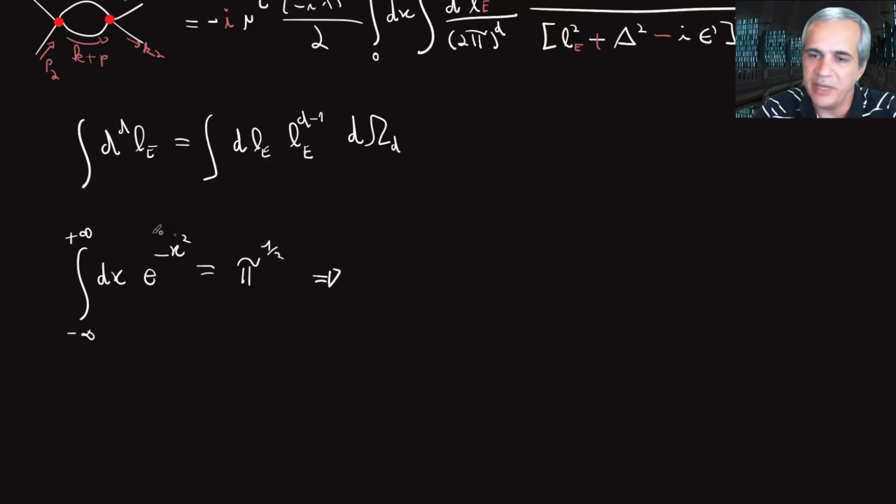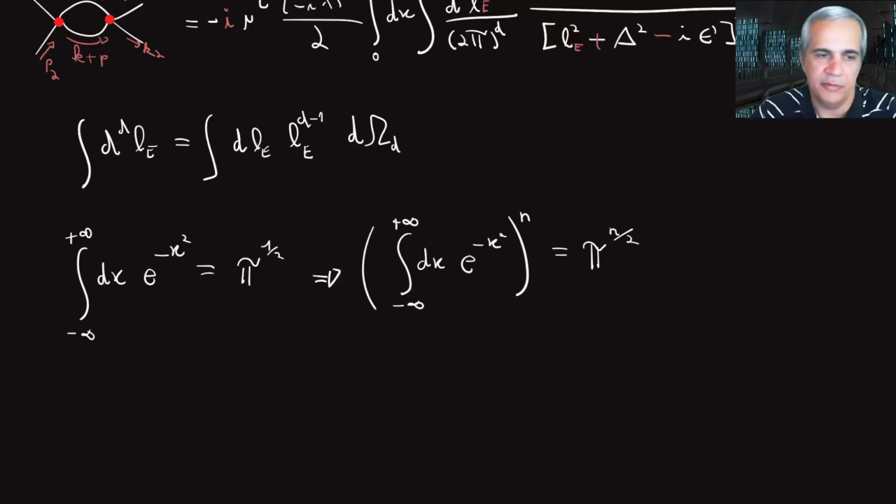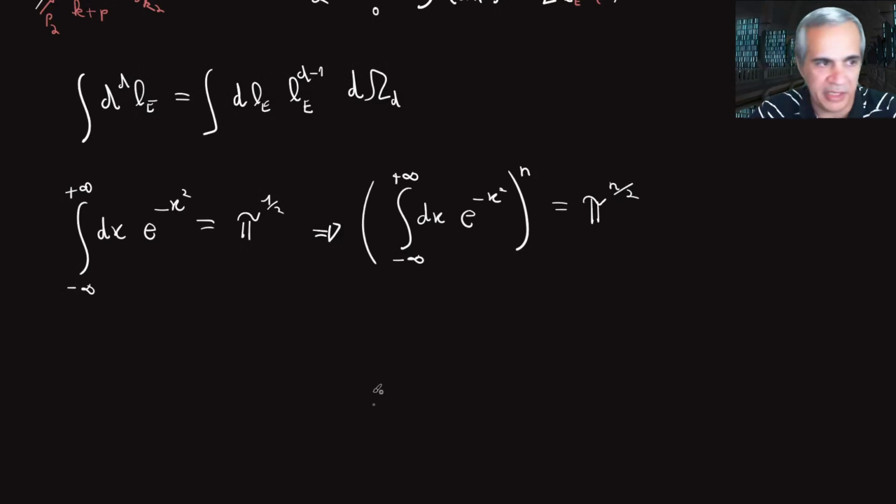And now let's raise it to the power n. So I'm taking this integral and now raising it to the power of n on both sides of that equation. Now, this integral is the same, of course, as a multidimensional integral in n dimensions.